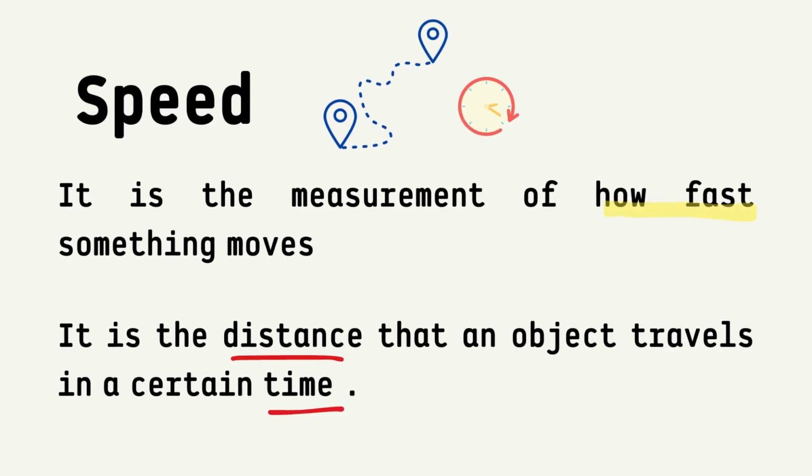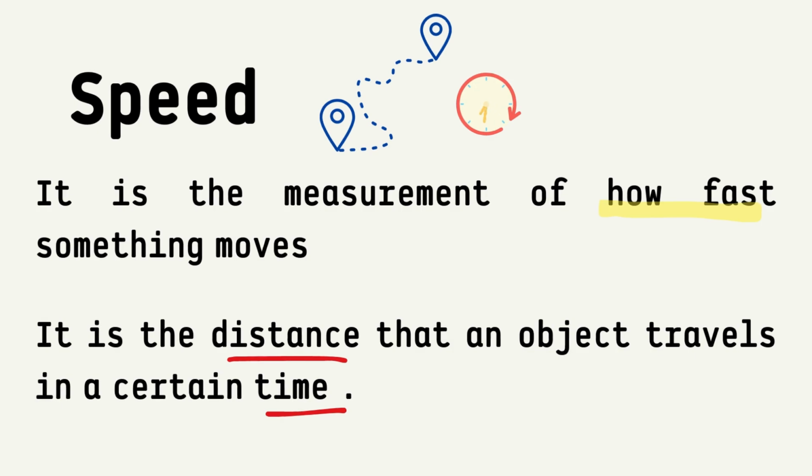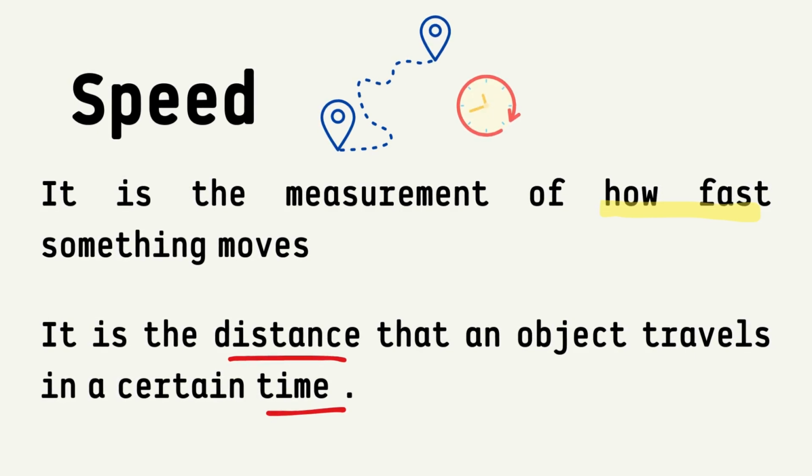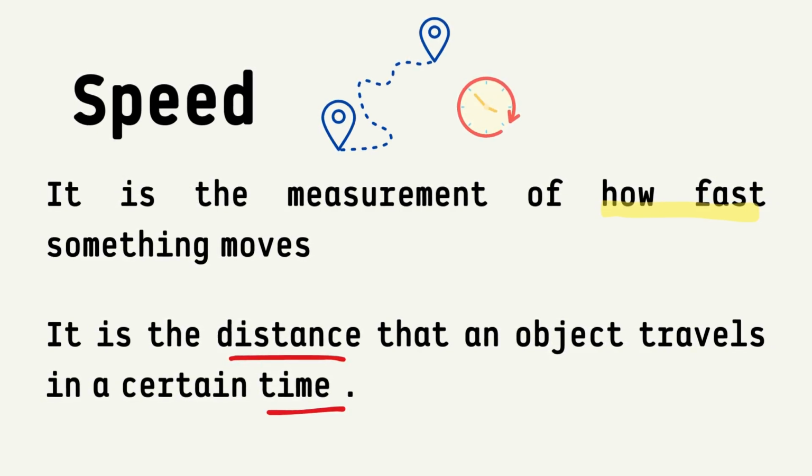So the speed is a relationship between the distance and the time. It is a measurement of how fast something moves. As we said, it is a relationship between distance and time.